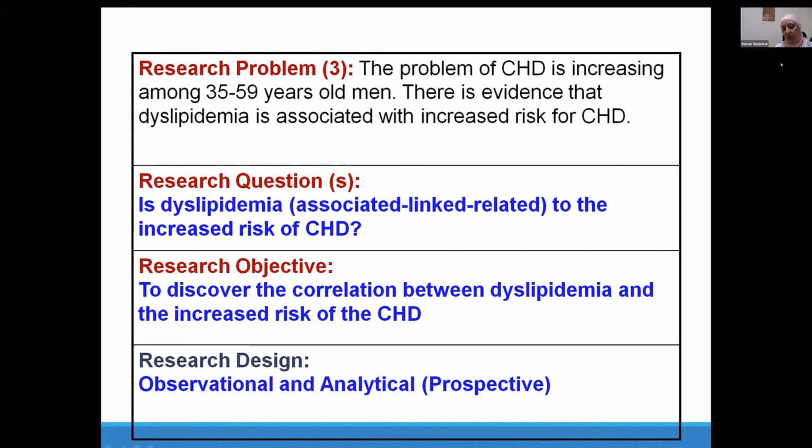You got my point? I'm going to say something more. Yes, sure. If we're talking about the difference between association and correlation, what's the difference between association and linkage and relation? If we say that something is related to the other, as in the questions, we can say that this exposure is linked or related to this outcome.